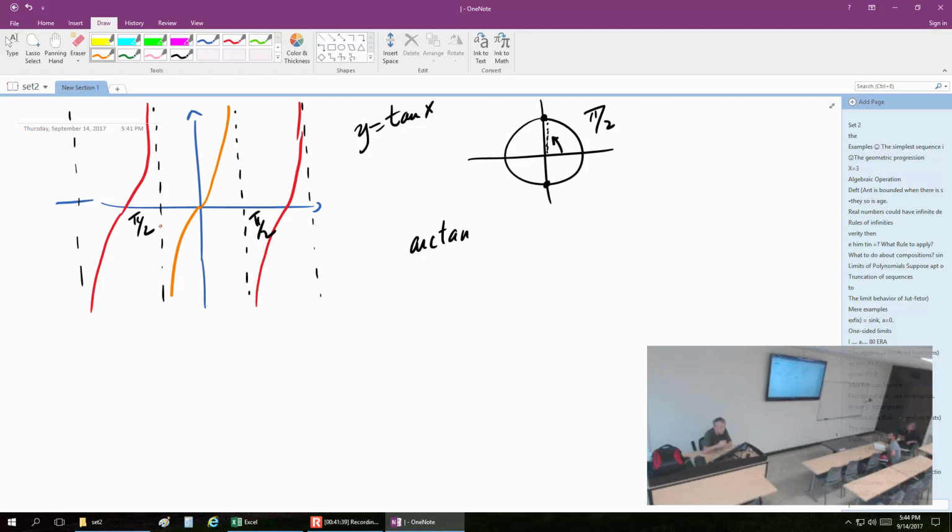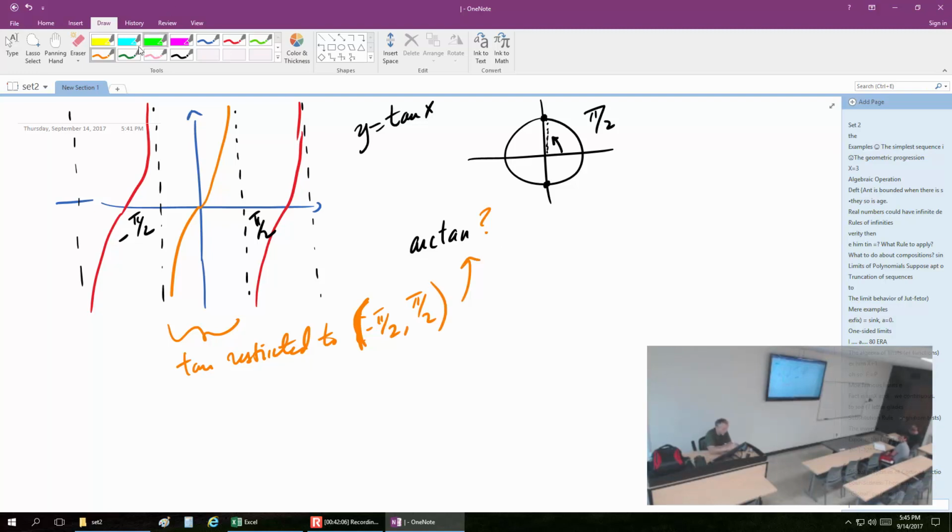You just take the values from negative pi half to pi half. That's right. So this is tangent restricted to negative pi over 2, well, it's not defined at pi over 2, to pi over 2.